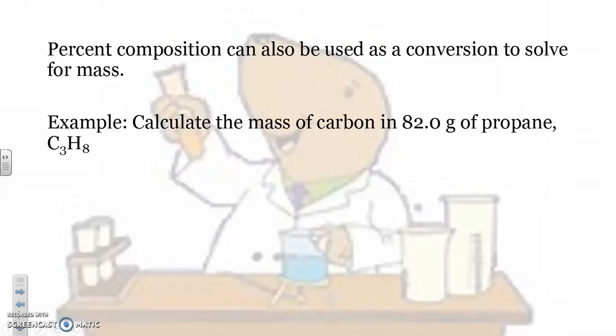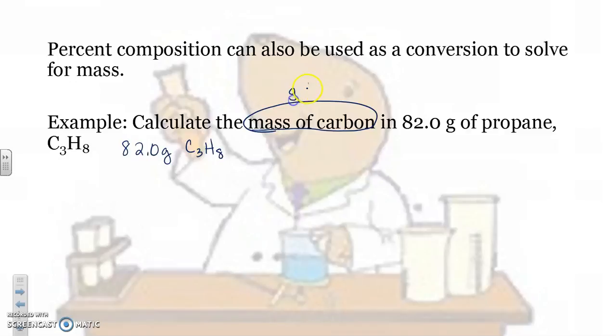Okay, percent composition can also be used as a conversion to solve for mass. So here it says to calculate the mass of carbon in 82.0 grams of propane. Propane, that was cute. Propane. All right, so we have 82.0 grams of propane, which is C3H8. And they wanted to know what's the mass of carbon.